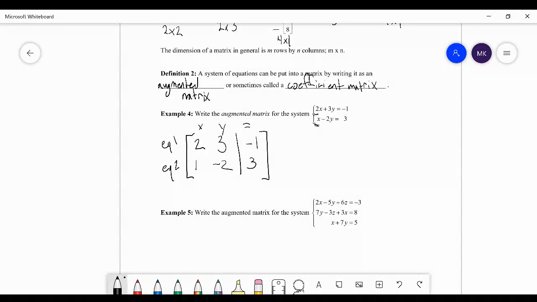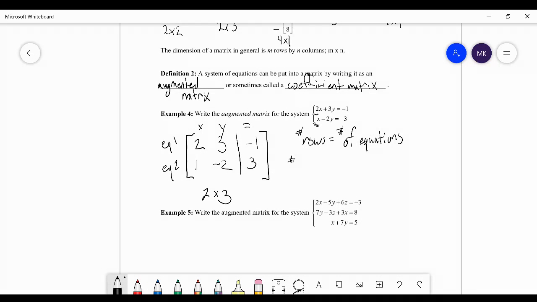Notice here, what are the dimensions of this matrix? The dimensions of this matrix are 2 by 3 because we have 2 rows and 3 columns. Notice that the number of rows is equal to the number of equations.